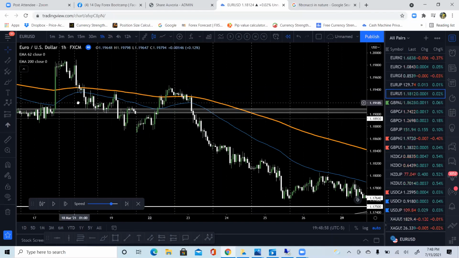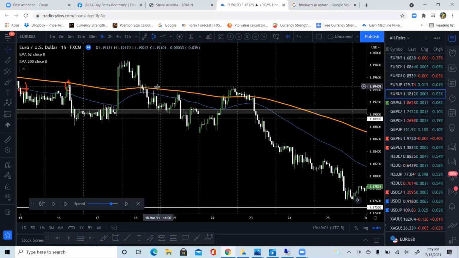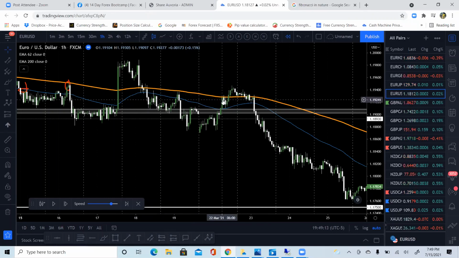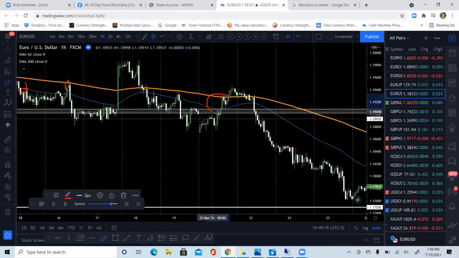So you see here, this was a break and retest, and this was close to both moving averages. Now, this is a break and retest close to both moving averages. And you see, here's the difference. You see this area here, right? It broke above this moving average, but it's not above that one.